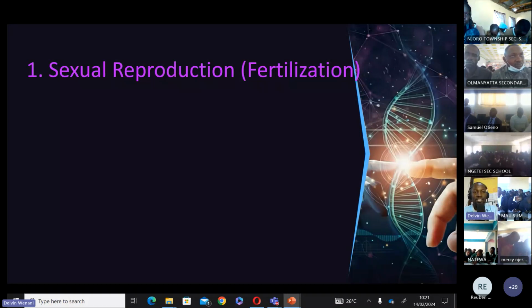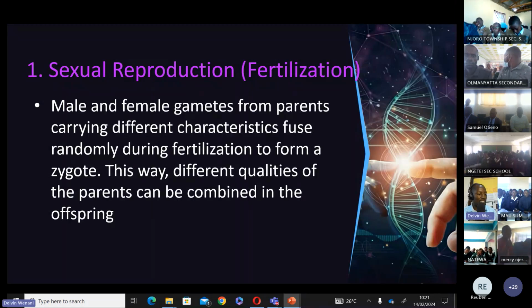Sexual reproduction is responsible for some of the variations that we encounter. This is how it occurs: during sexual reproduction, male and female gametes from parents come together and fuse.